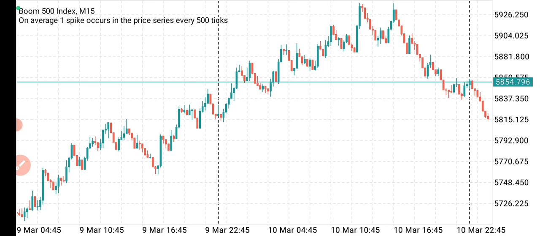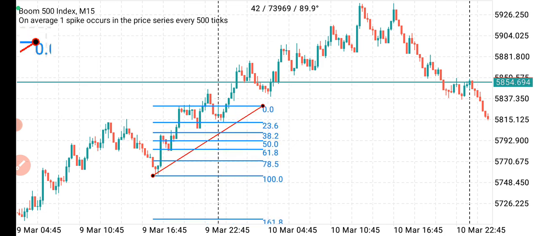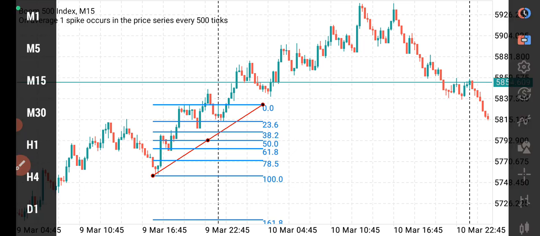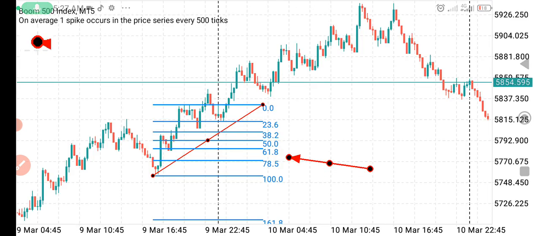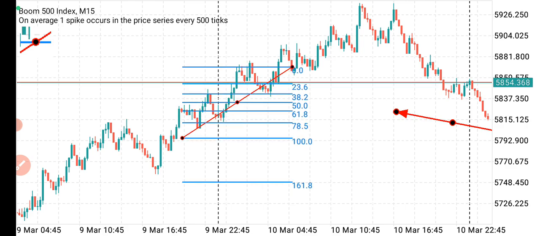So now we can say that we'll flip this high to this level. Now make it a bit longer. And then what can you observe? You will observe that the price moves from here to this high. Look at it, it breaks through 23.6, which tells us a reversal has commenced, and then it continues.